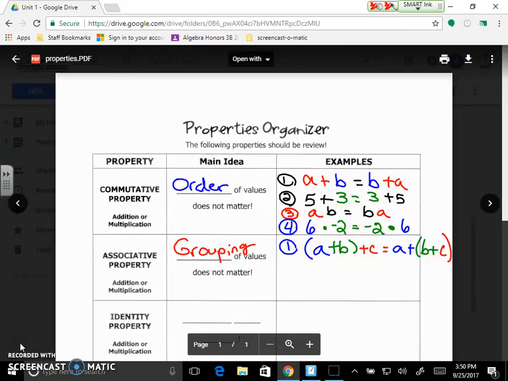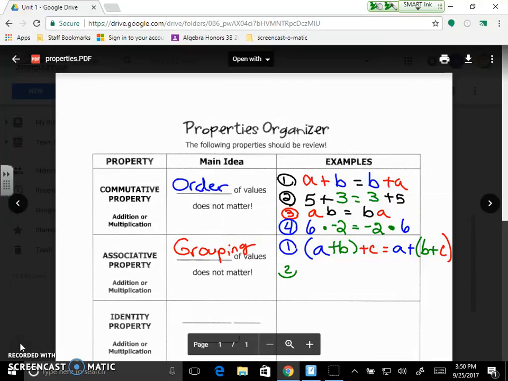Notice the only thing I've changed, they're in the same order. So A's first, then B's second, and then C's third on the left-hand side. If you look at the other side of the parentheses, A's still first, B's still second, and C's third. All we did was group them differently. So the same thing, if we use numbers for those, they would equal each other on both sides. They have to.